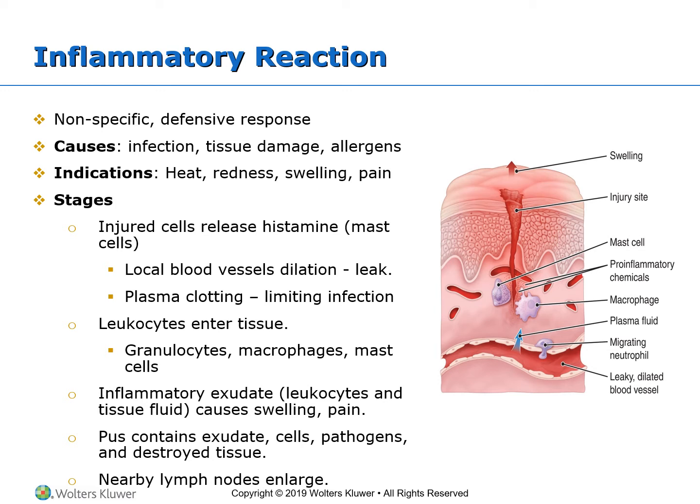When the phagocytes are destroyed in large number while they work in the area, they will die along with the tissue cells in that area, and that mixture of the fluid, that is the inflammatory fluid, the exudate, the living and dead white blood cells and pathogens and destroyed tissue cells is what we call pus.